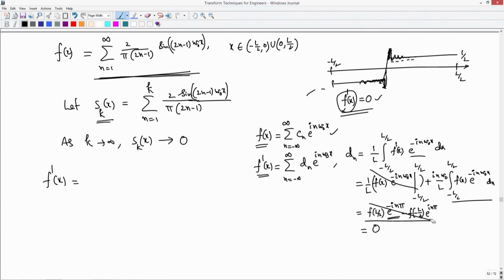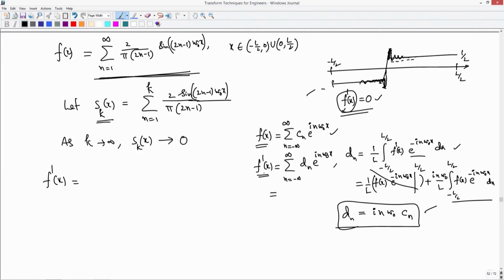So, I will remove it now, and what remains is i n ω0 times 1/L, and this integral is nothing but your Cn. So, dn is nothing but this one. Because f' is a piecewise smooth, piecewise differentiable function, it has a Fourier series like this.